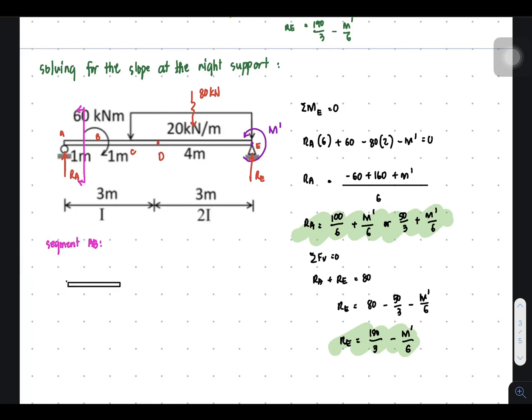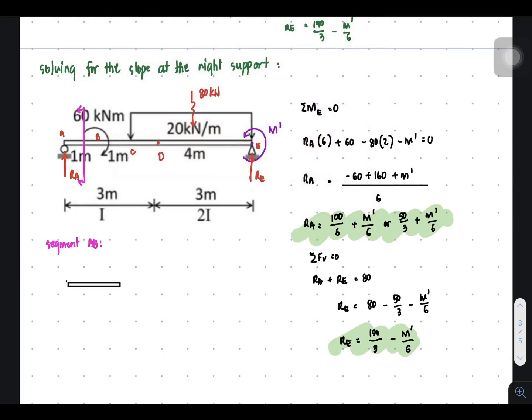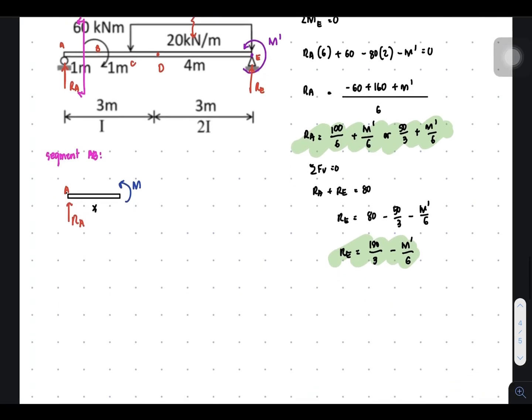So this is the section, and I will be placing point A, and this is its reaction RA, together with the moment m and also the boundary limit x.